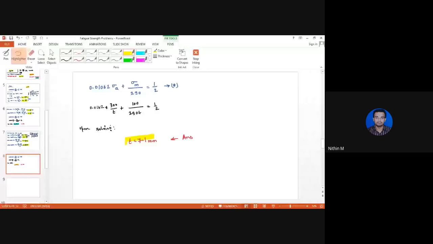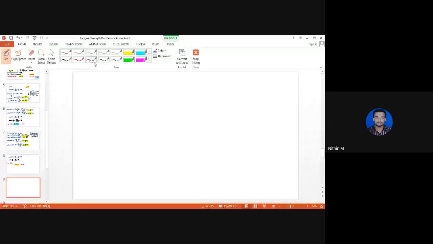Okay. So this is the answer to second case. Right. Now what is asked in case 3? What is the load in case 3? Can someone tell me the statement?